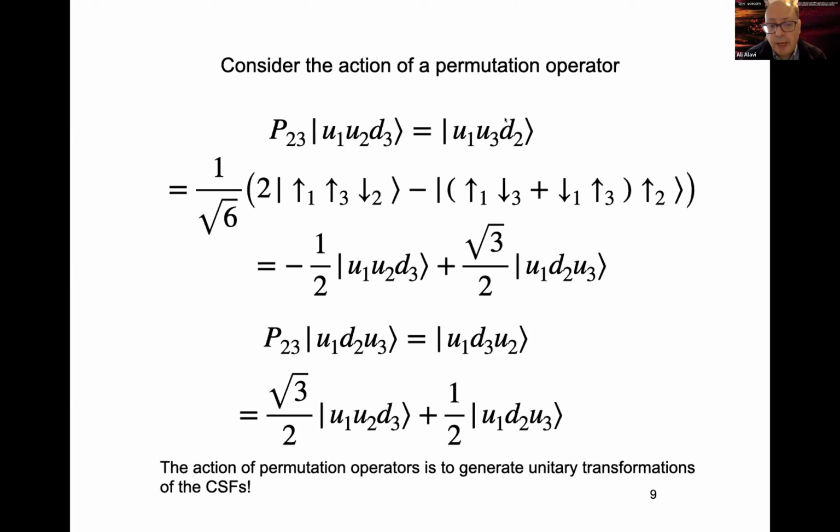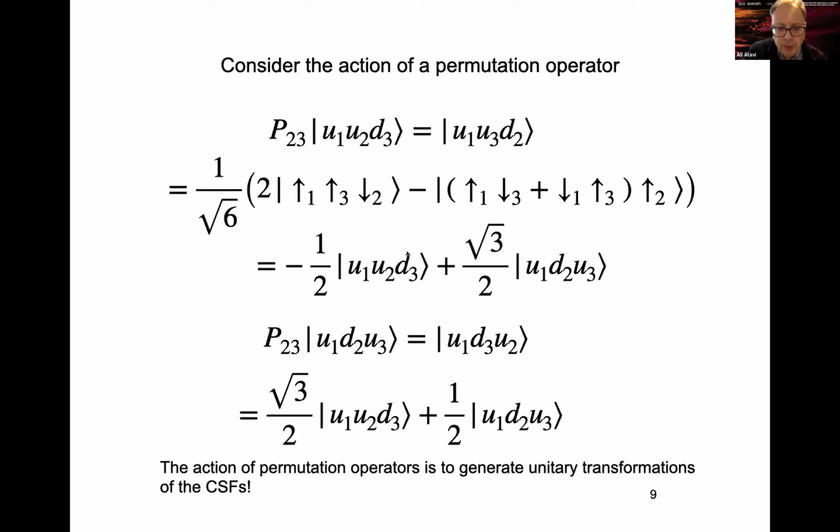And if you do that, you end up with a different spin eigenfunction, which can now be re-expressed in terms of the original, the two naturally ordered spin eigenfunctions. And you can see that this thing itself now spans the two naturally ordered spin eigenfunctions.